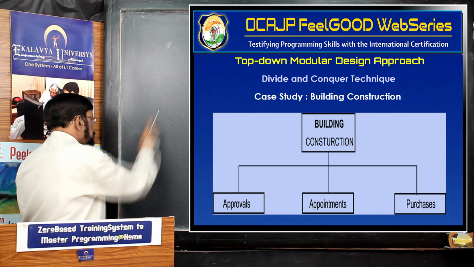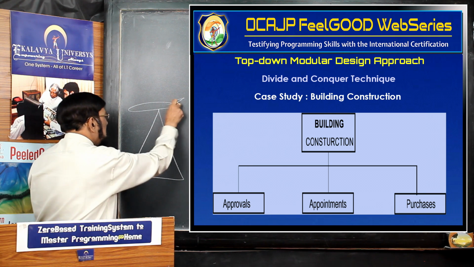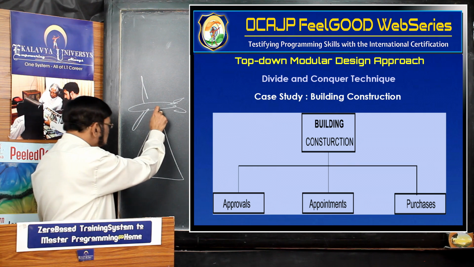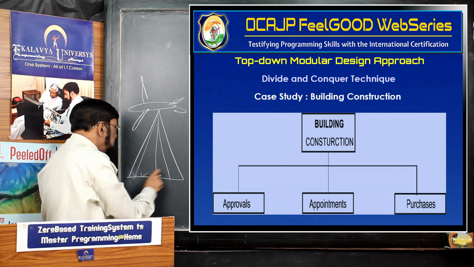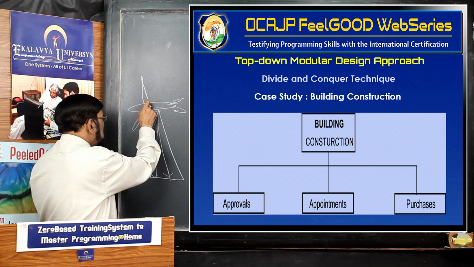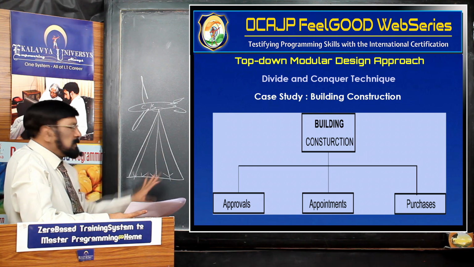Already I told you, this is the best model. You are flying high in the sky. Okay. Then if you look at the ground, everything is blur. You cannot see anything clearly. In the same way, when you want to construct a building, if you are a layman, everything is blur.